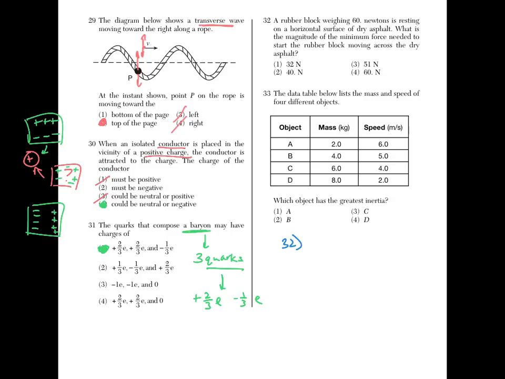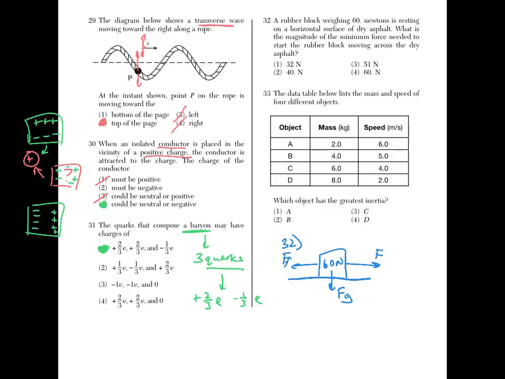Alright, number 32. Here we have a rubber block weighing 60 newtons on a horizontal surface of dry asphalt. We're looking for the minimum force needed to get started, and because it's at rest, this is at equilibrium.